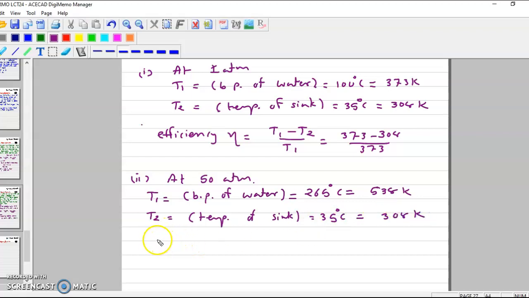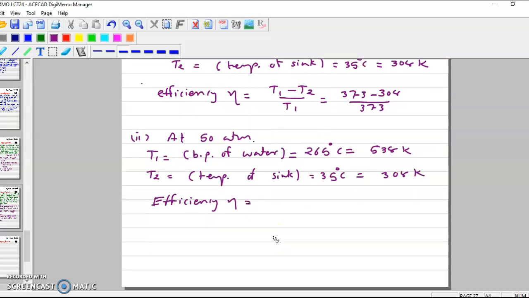Again efficiency eta is equal to (T1 minus T2) upon T1, and that is (538 minus 308) upon 538. So this way you can calculate efficiency.